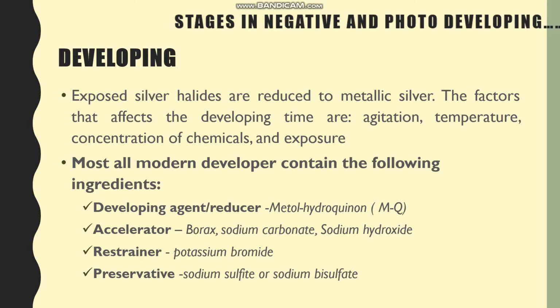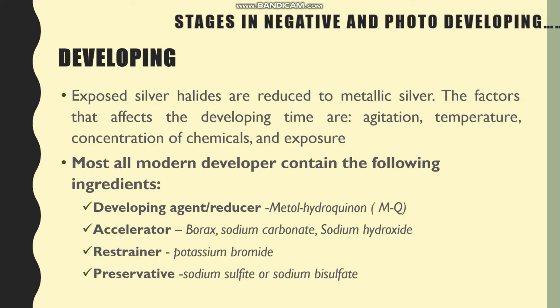Kasi kung developing agent lang or yung reducer lang, mabagal yung kanyang reaction. Or yung chemical changes, hindi ganun kalaki yung mangyayari or yung impact, diba? Mabagal lang kasi, again, or yung mababa lang yung rate ng oxidation if we are going to use the developing agent alone. So we have, again, the accelerator to increase the rate of oxidation, diba?